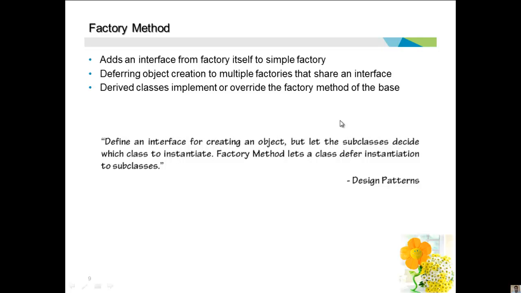So which means, if you ever feel the need for having multiple factories, then simple factory would not be enough. There might be instances where we might need more than one factory.